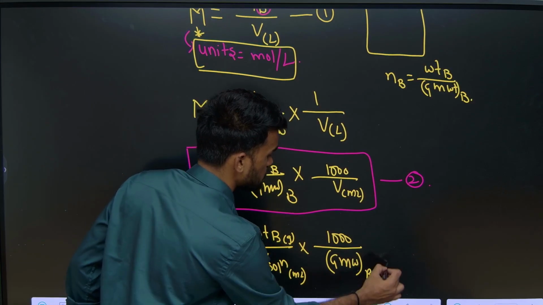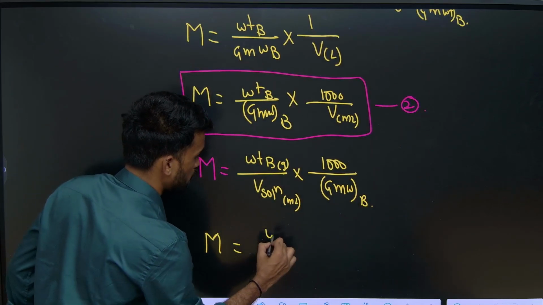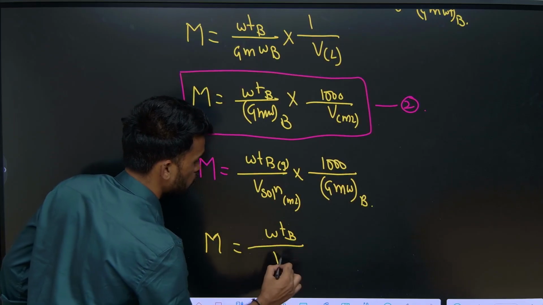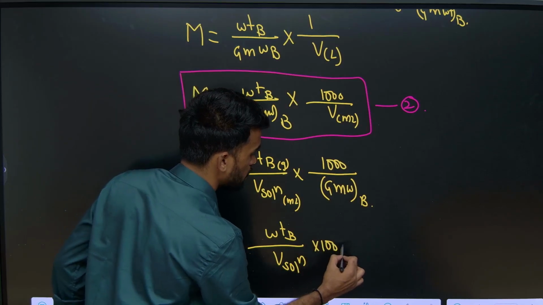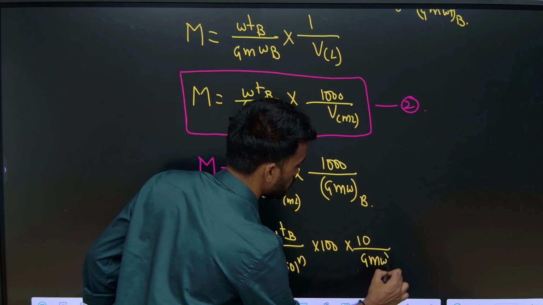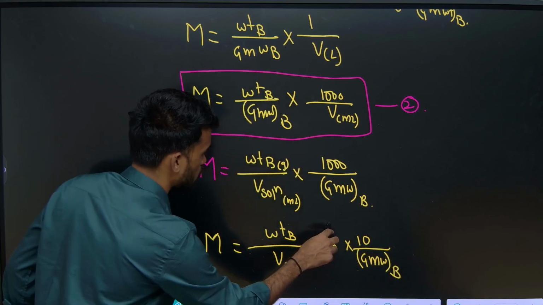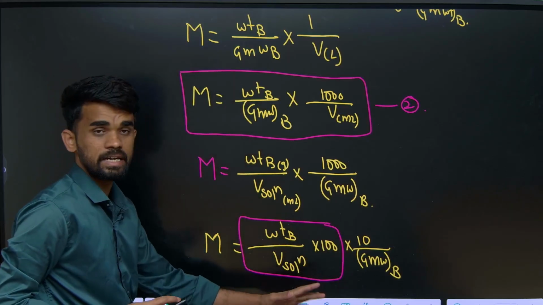From this, how do we write it? Weight of B by volume of solution, and 1000 I can write as 100 into 10, by GMW, gram molecular weight of solute. Just look at this. What is this? Weight by volume percentage only.